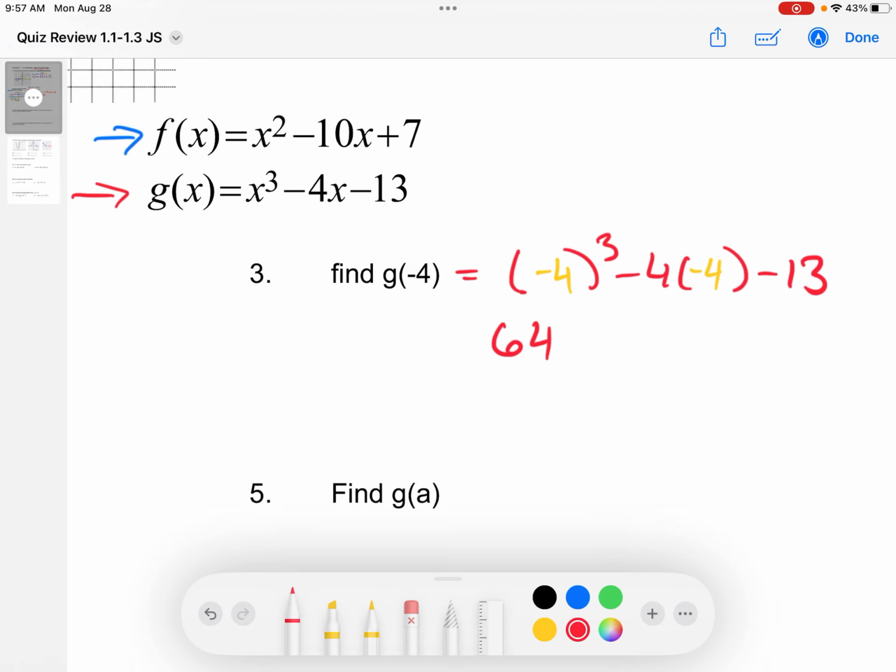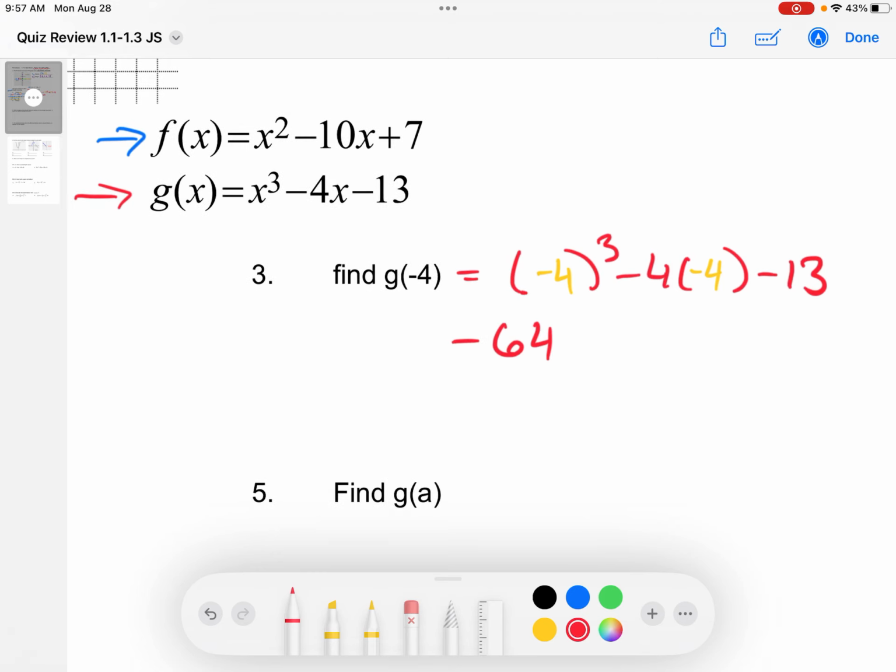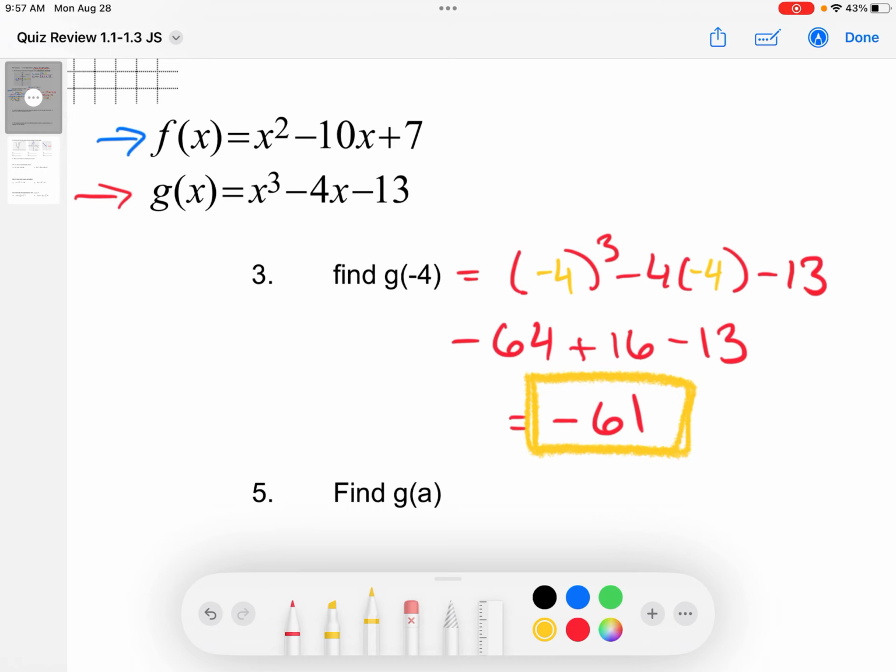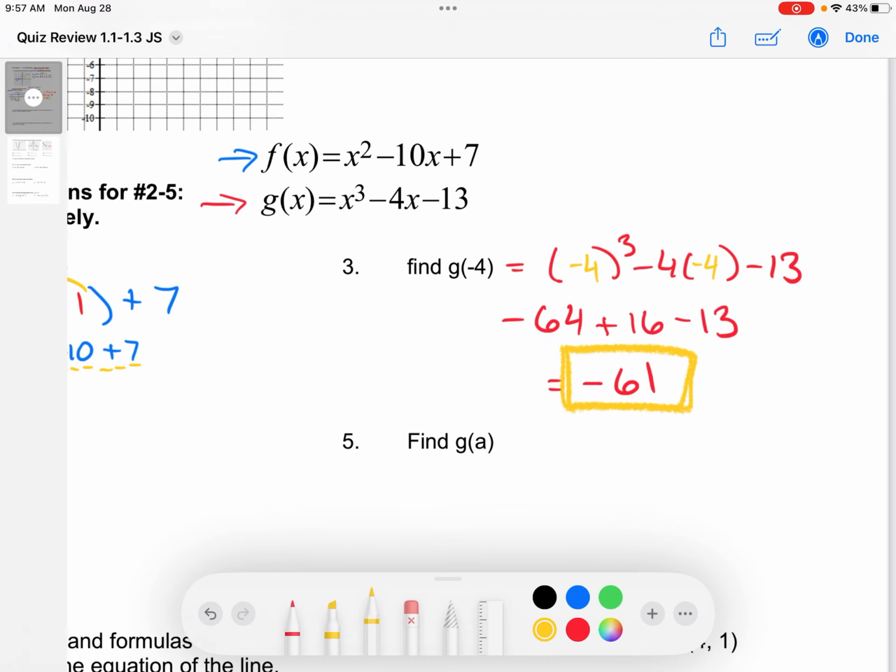Negative times negative times negative is negative. Then plus 16 minus 13, and that equals -61. So g of -4 is -61.